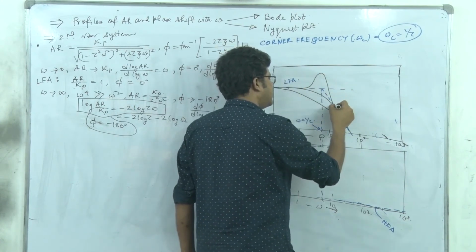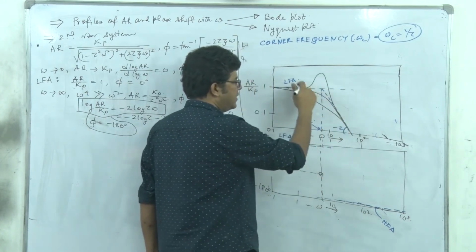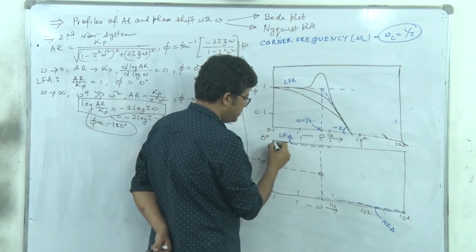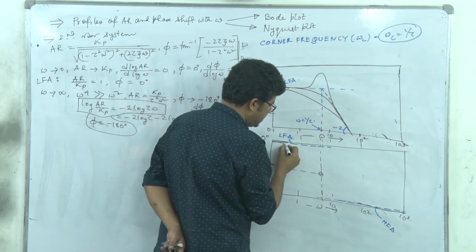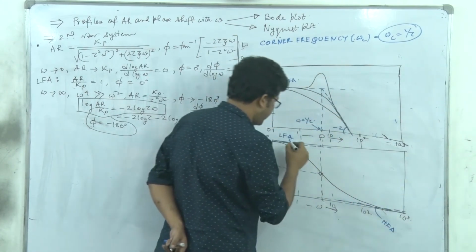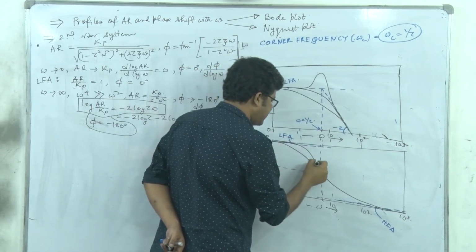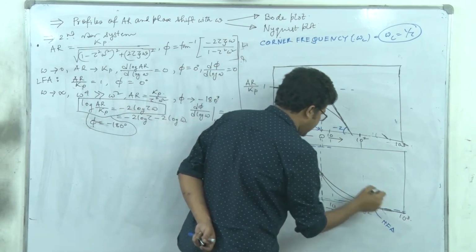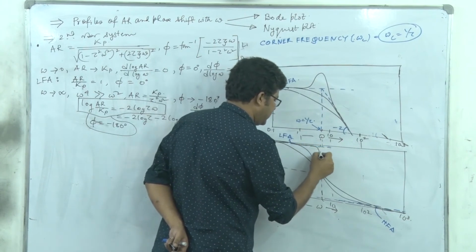That depends on this region's value. Here we plot like this, and a plot like this, or maybe in an extreme case a plot like this.